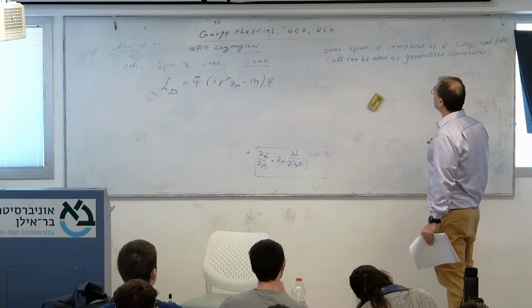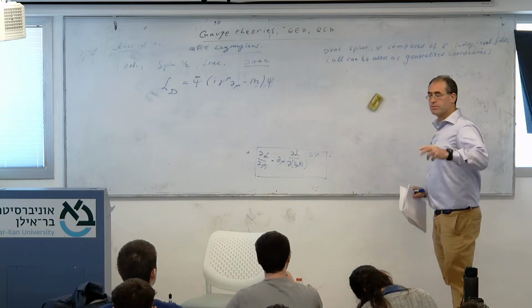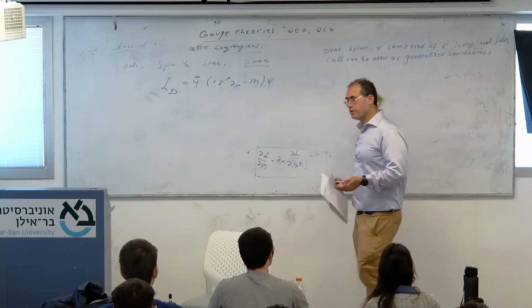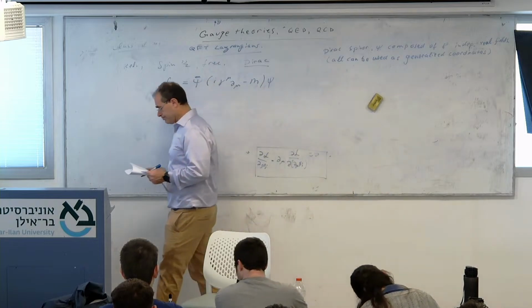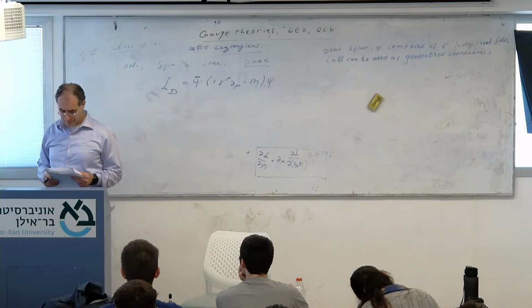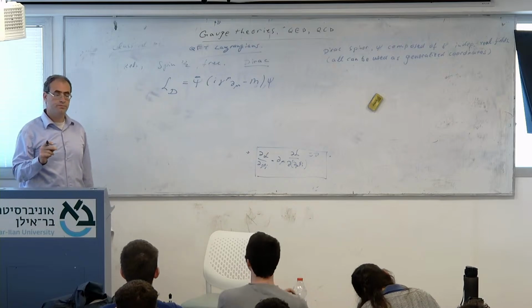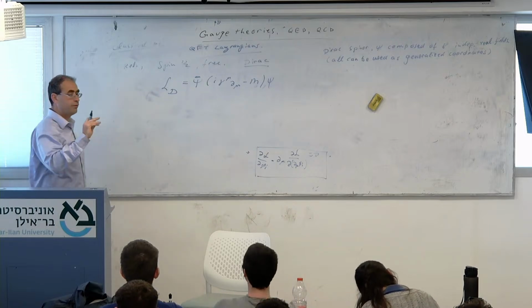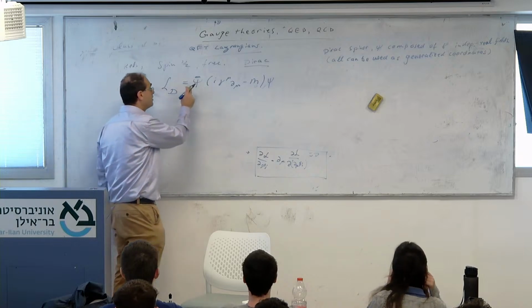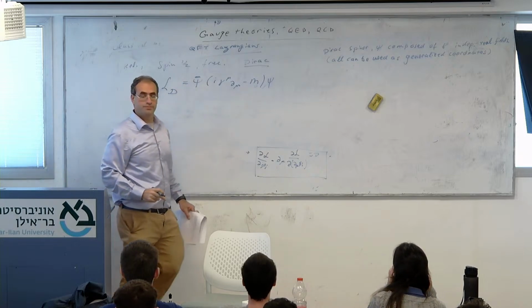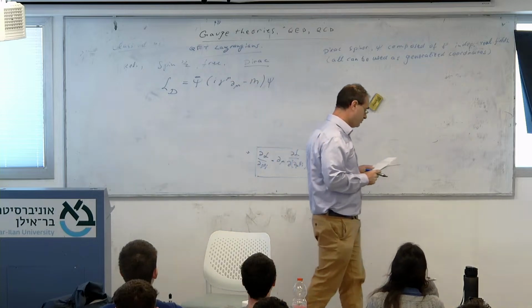Now, we can use them, but obviously it's more convenient to take some linear combination of them. Which one am I going to use? The four components of psi and psi bar. It's going to be a linear combination.